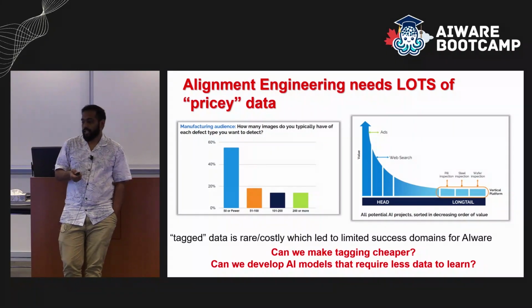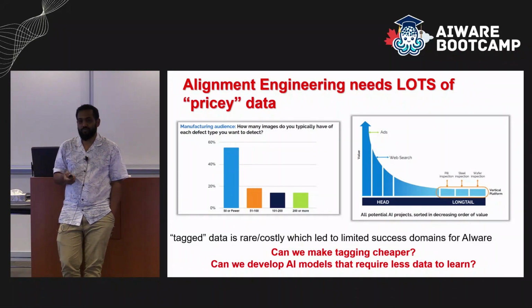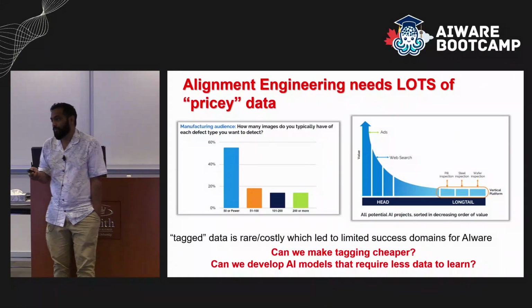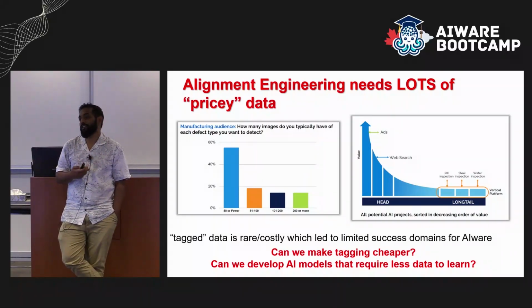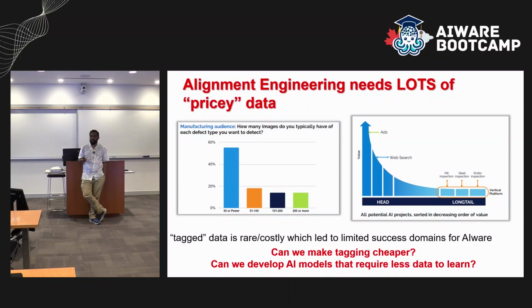But getting this data is not cheap. It's usually very pricey. We are a bit spoiled as computer scientists and software engineers, because most of our task data is available online. If we were in, let's say, the manufacturing industry, talking about material defects, and our model needs to do well on material defects and answer questions on that, there's not a lot of data on the internet about that, and there are no readily available data sources.